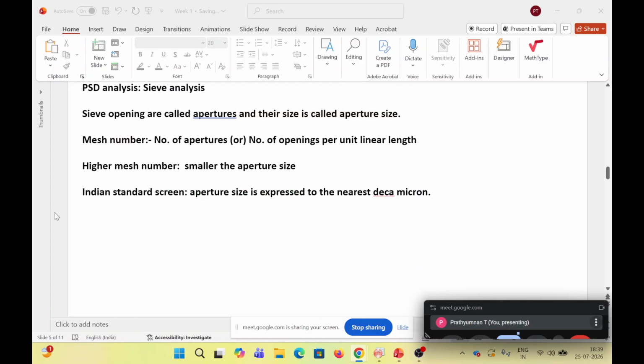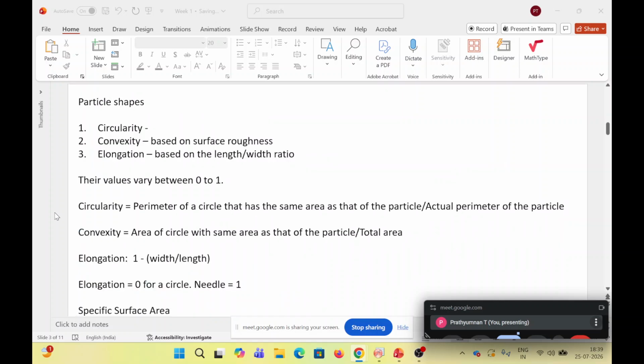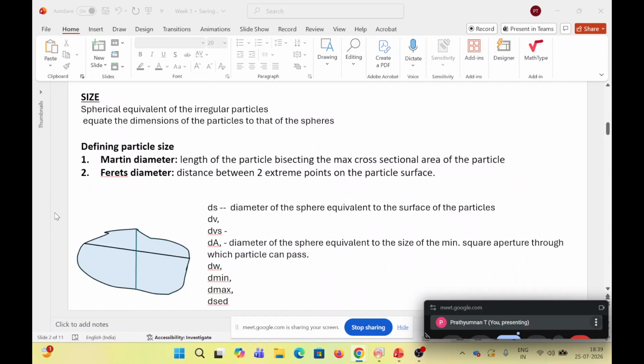Let's look at this figure. What do you think would be the commonality between this Martin's diameter and the Feret's diameter?